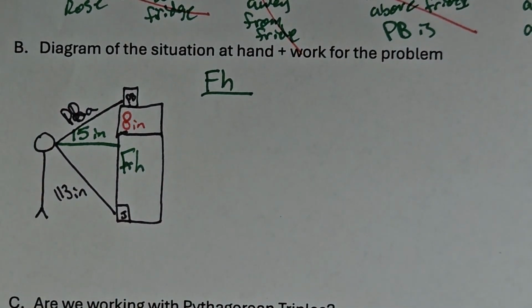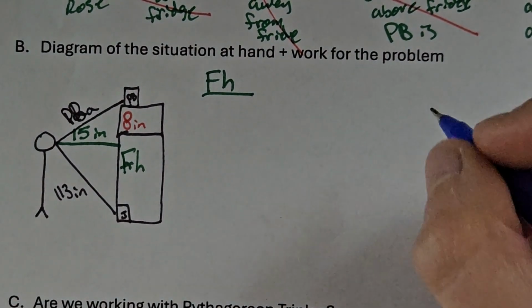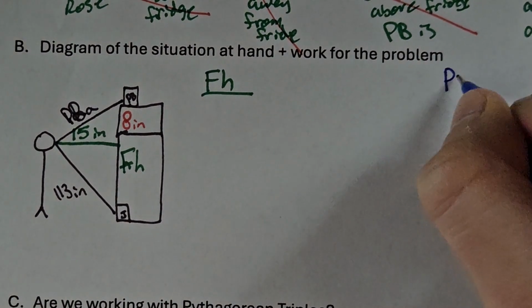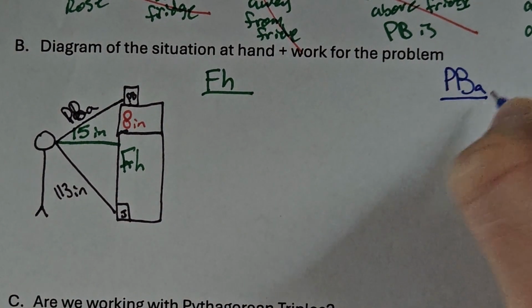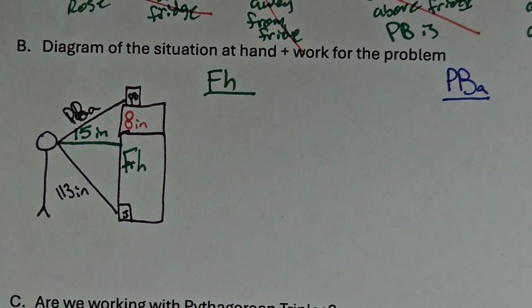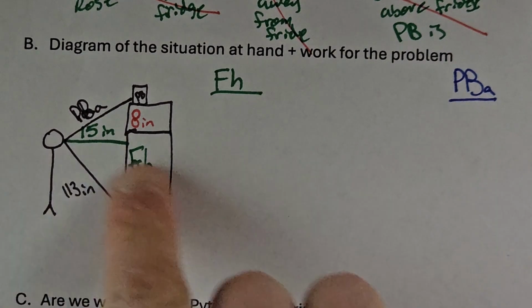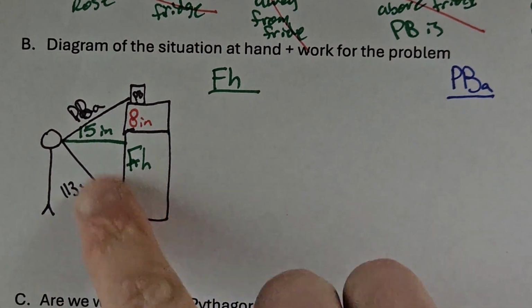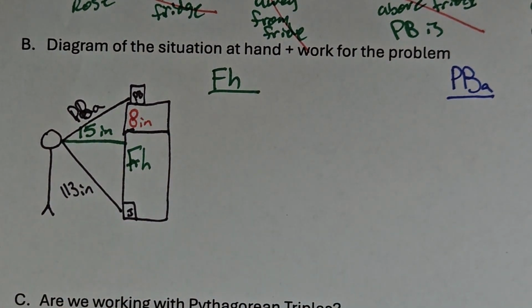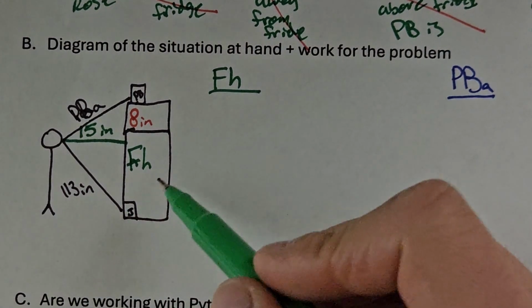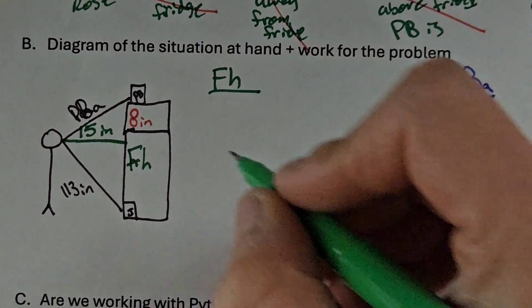And for finding the peanut butter at arm's length, I'll be using blue. I'm going to draw a separate picture for both of these triangles, given how hard it would be to work in context of that. We'll start with FH, finding the fridge's height.